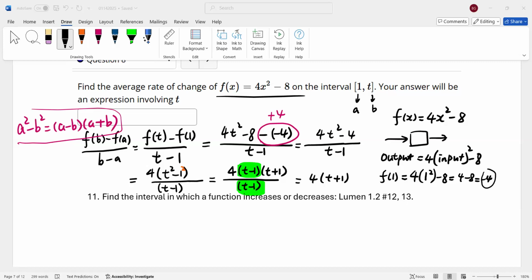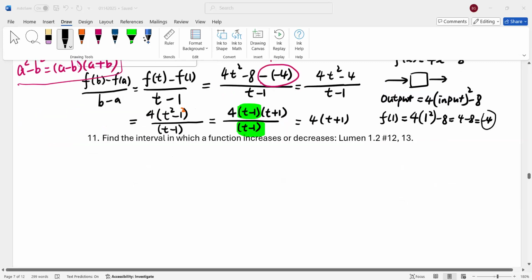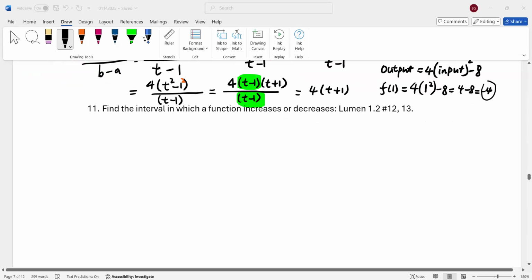Very good. So the second thing about section 1.2 is the intervals in which a function increases or decreases. So that's the last two questions in Lumen.